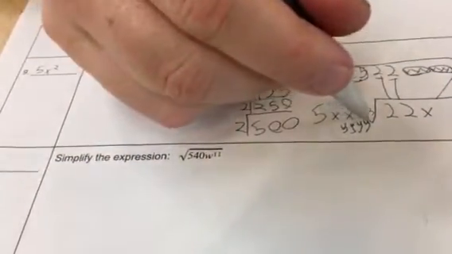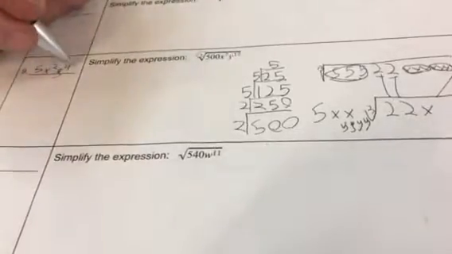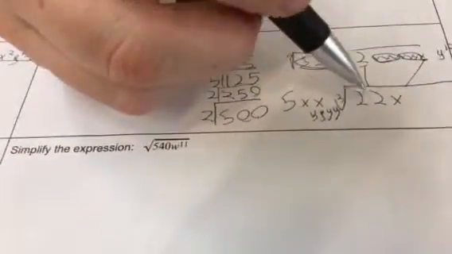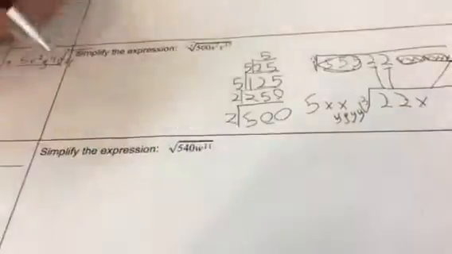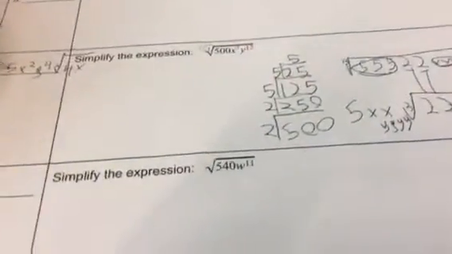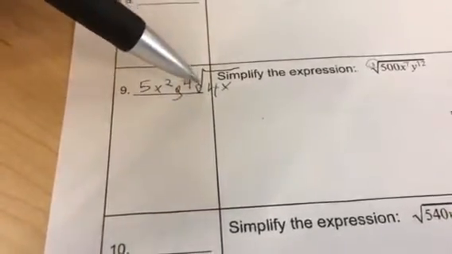Y times y times y times y gives me y to the 4th power. Then I have my cube root. And everything that's inside gets multiplied together. 2 times 2 is 4. My x is just an x. And there's no y's left. So I'd read this whole thing as 5x squared, y to the 4th, cube root of 4x.